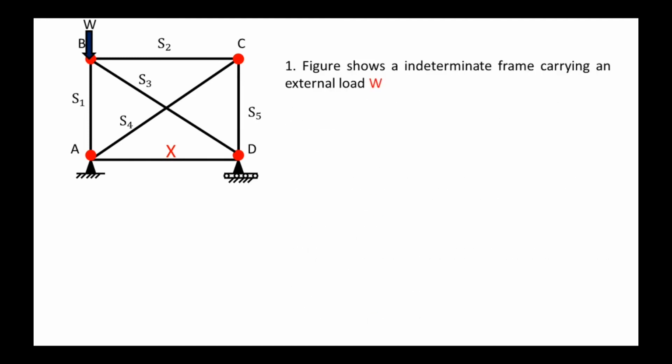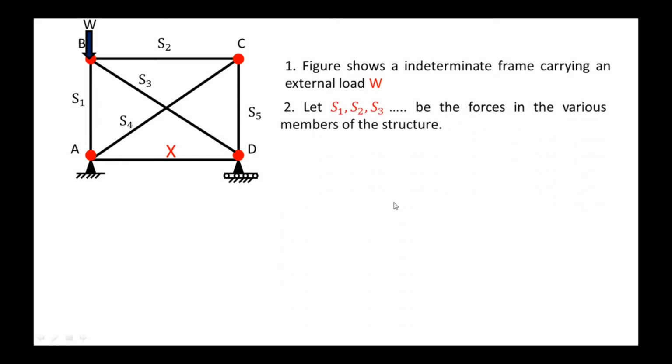Now this figure shows that this frame is carrying the external load W, and S1, S2, S3 are the various forces in the members. And important one here is that we are assuming that the tension in the member AD be X.